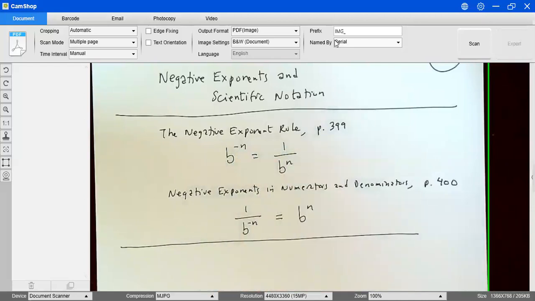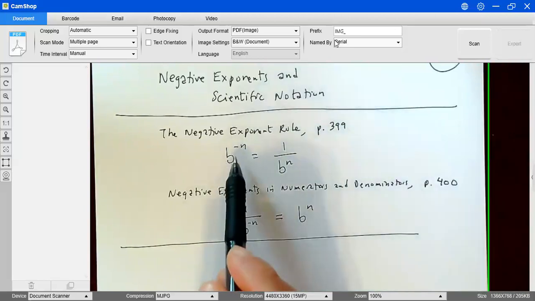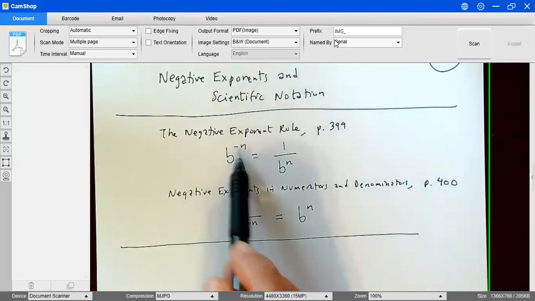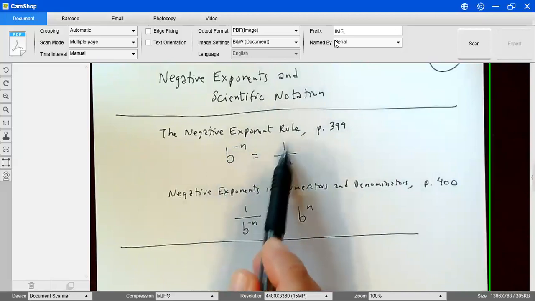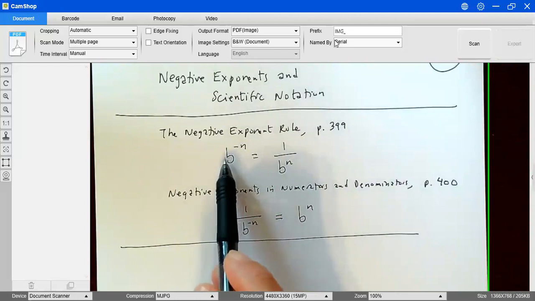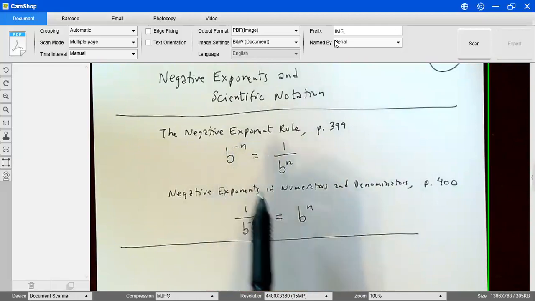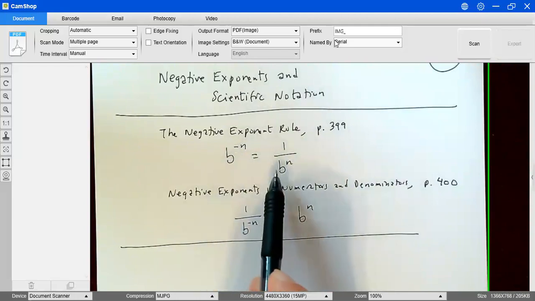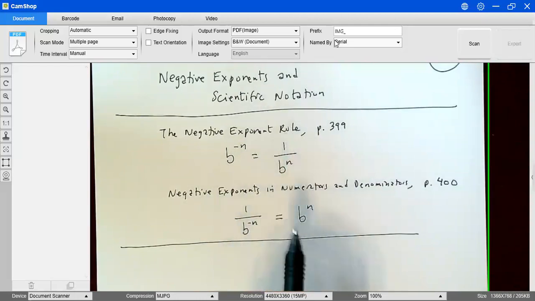The most common mistake that students make when they are working with negative exponents is that when they move the quantity with a negative exponent to the denominator, they put 0 here because they think that there is nothing after this quantity moves to the denominator, but there is something, it's a number 1.